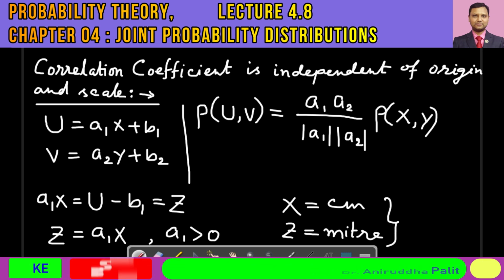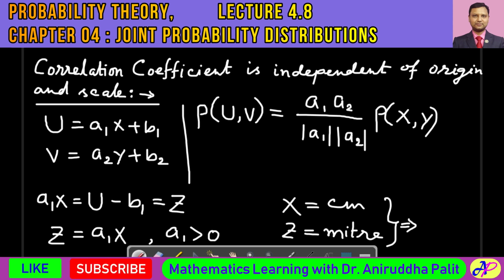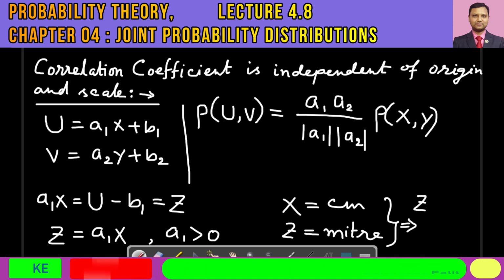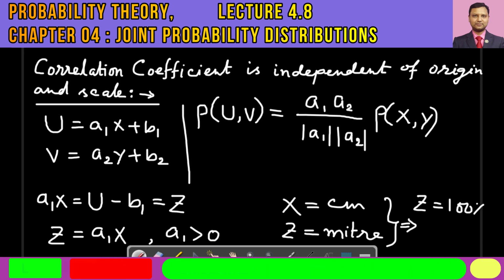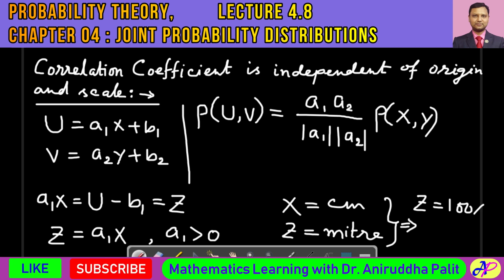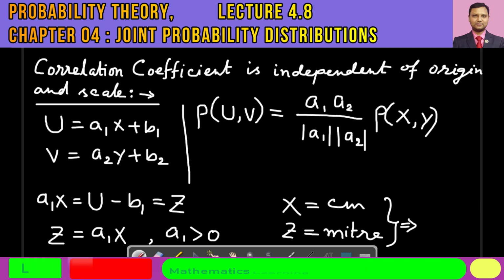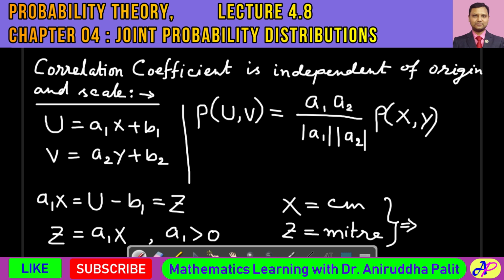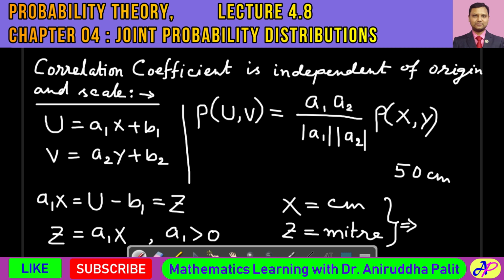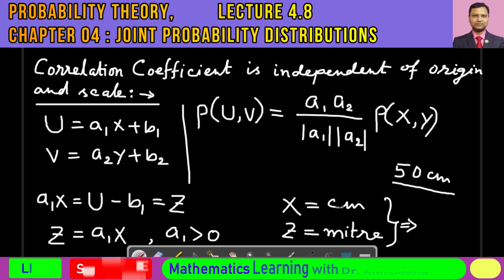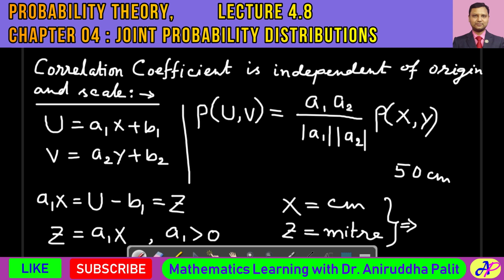In that case, 1 unit of z would be related with 1 unit of x by what relationship? By the relationship that z should be obtained by 100 times x. Or you can say that if the length of one rod is equal to, suppose, 50 centimeter, it is represented in terms of centimeters, in terms of this x scale, and this 50 centimeter can be written as 50 divided by 100 meter.